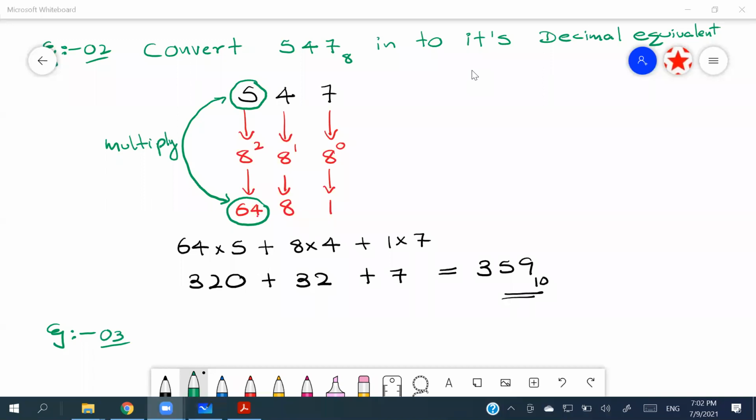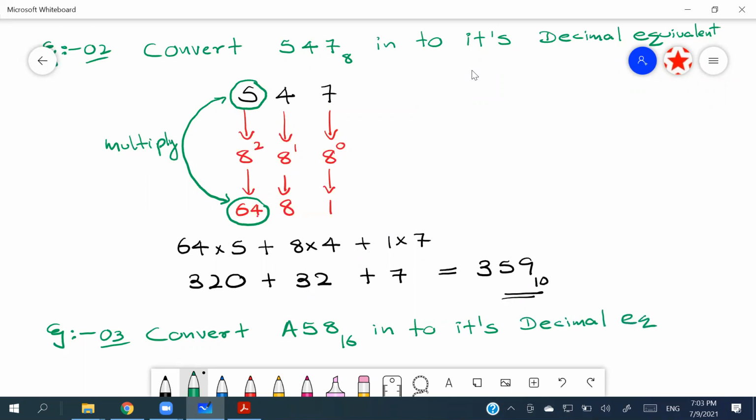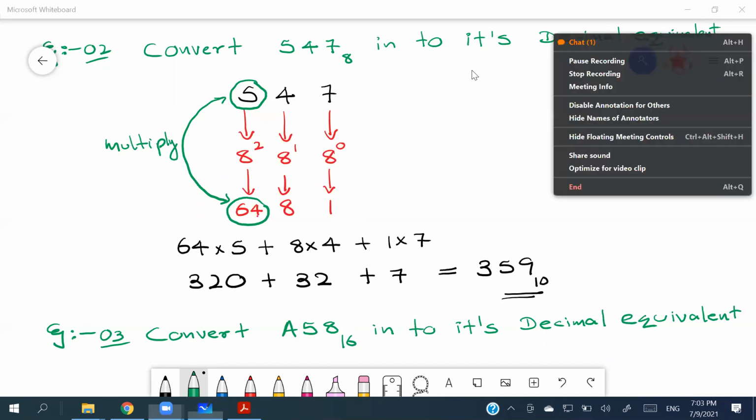Okay, so many have done. Okay, is there anyone still writing down the octal conversion?